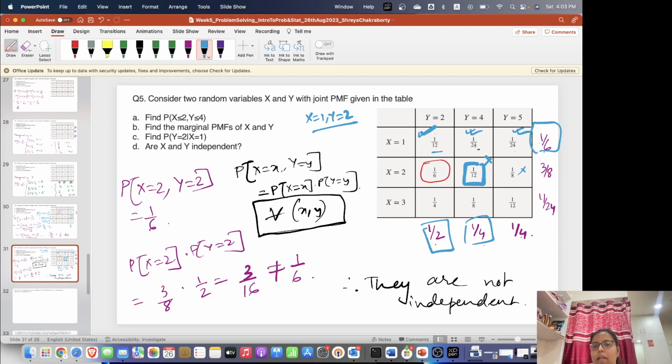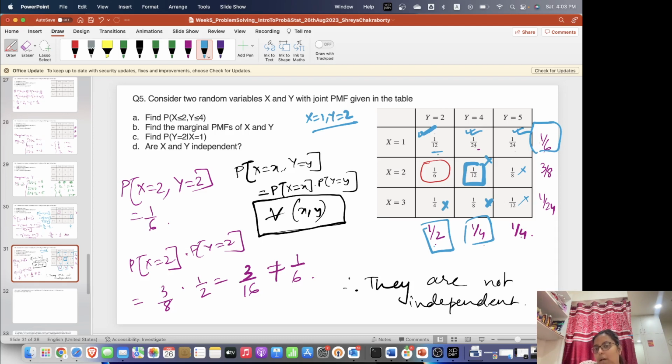Had it been independent, this would have held true for all pairs. But I found one violating this criterion, so I stopped there and said this is not independent. I could go on and match all of these. Here also it's not matching, 11 by 24 and half. This is also not matching.